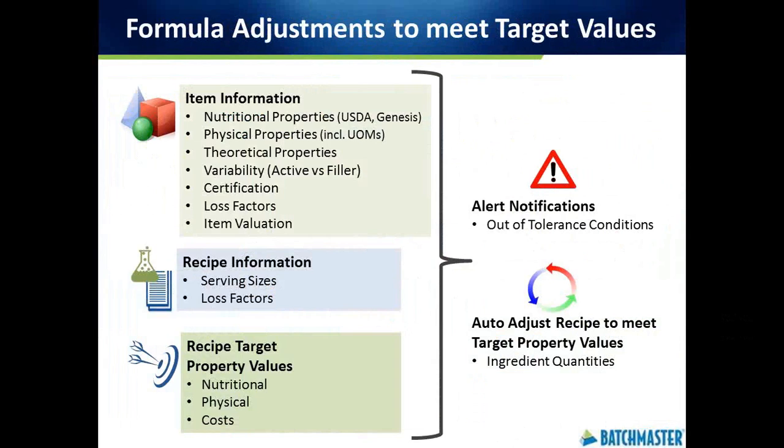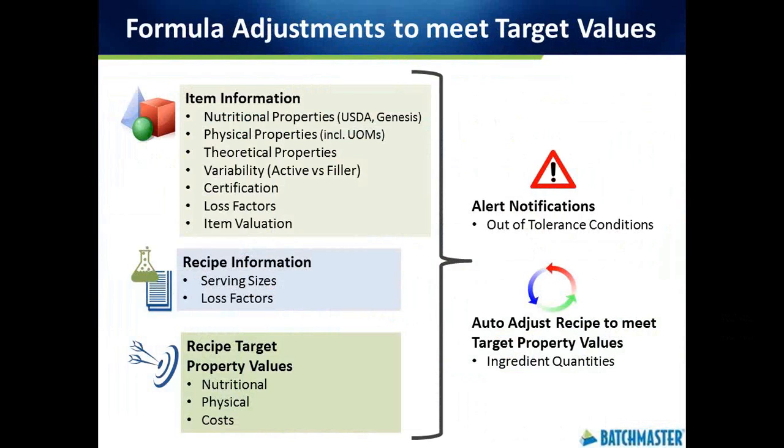During product development, there are some food-specific item characteristics that will impact your clean label. We're trying to ensure that you meet your label claim or target property values in terms of nutritional, physical, and costs. So we're integrated to USDA Genesis databases.